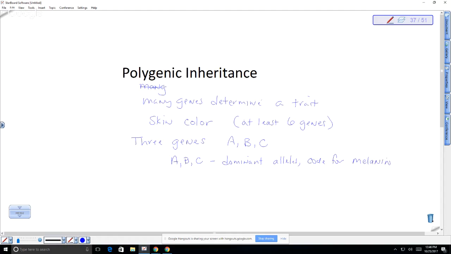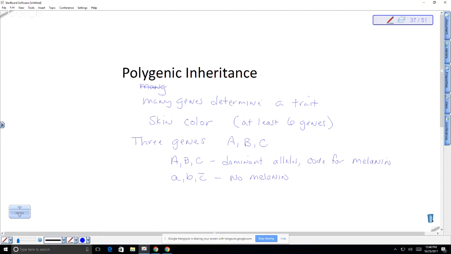That's the pigment, okay? The lowercase alleles, a, b, c, code for no melanin. And since the C's look so similar, I put a little mark over it so I can keep track that it's a lowercase c rather than an uppercase C.